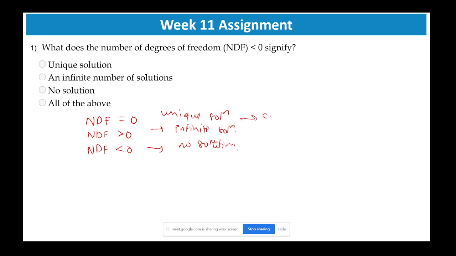So this is completely defined, this is underdefined, this is overdefined. So for this case, since NDF is given to you as less than 0, the answer should be that it has no solution.